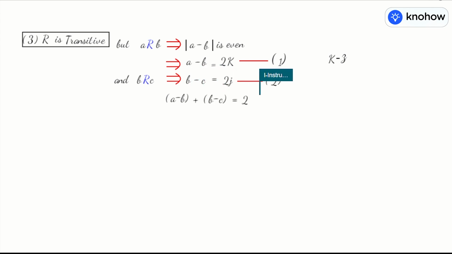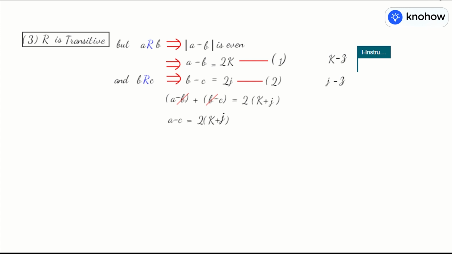If I take 2 common, then it is twice K plus J. And out here A minus B plus B minus C gives you A minus C equal to twice K plus J. Obviously K plus J will be an integer if K and J are separately integers. So what does it mean?